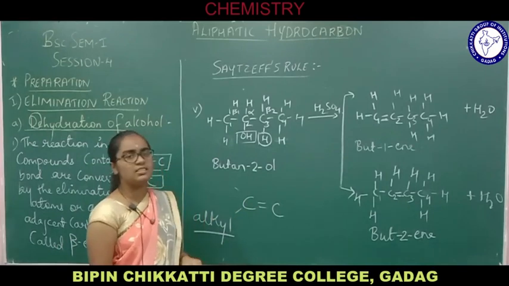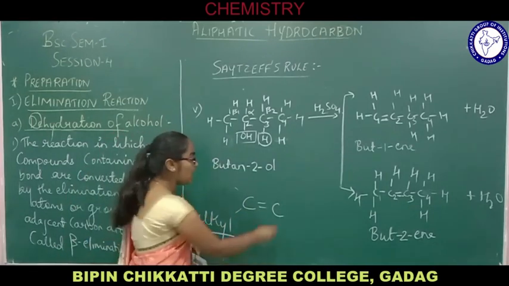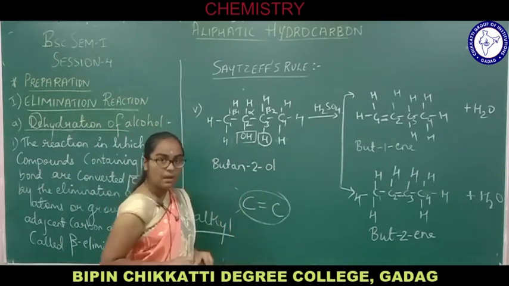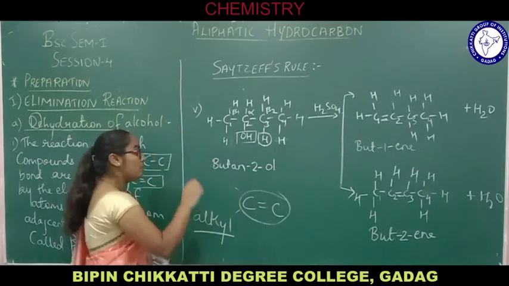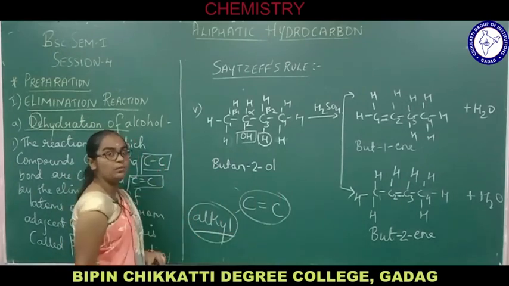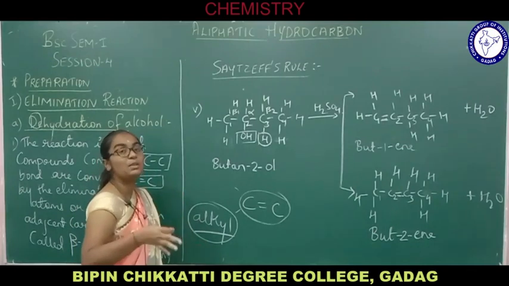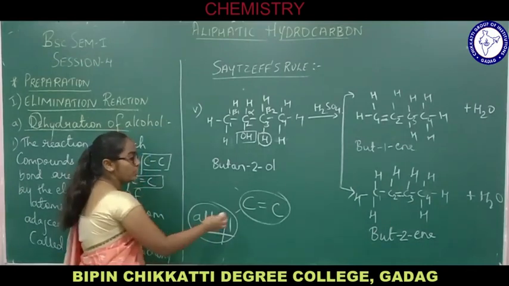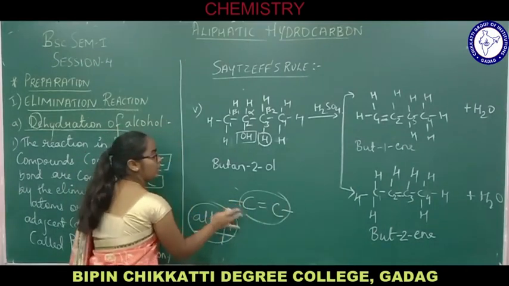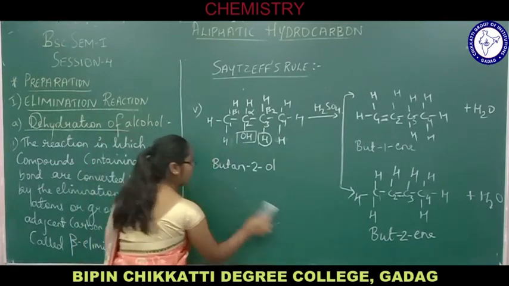I repeat this statement once again: between carbon-carbon double bond compounds, the product with the greater number of alkyl groups is the major product. I will give one example, then you will understand more precisely.